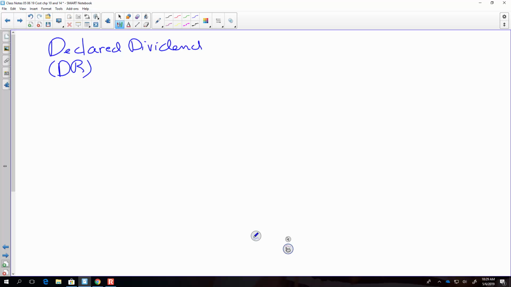So that's what I want to debit. Retained earnings. What do I credit? This is a little tougher. It's a current liability, dividends payable, yep.